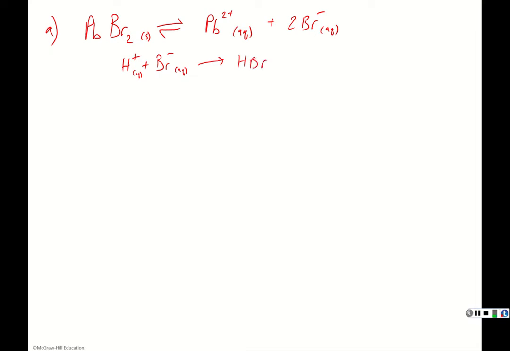Well, HBr is a strong acid. So when that is in solution, it's completely dissociated. So by adding acid to this, you're not going to be pulling bromide ions out of solution. So this one's going to have no reaction, no effect.